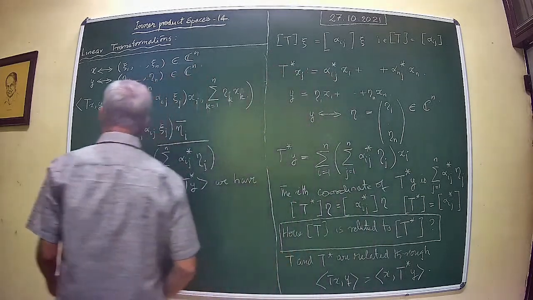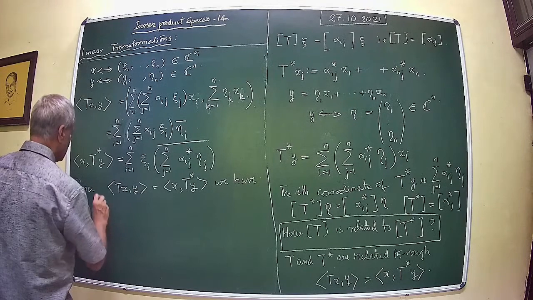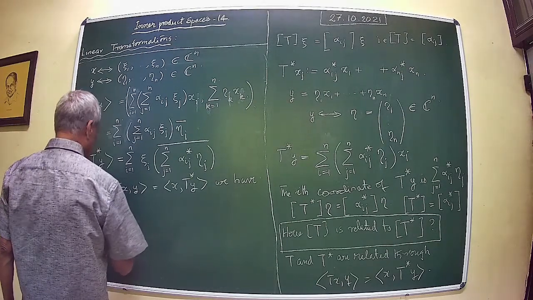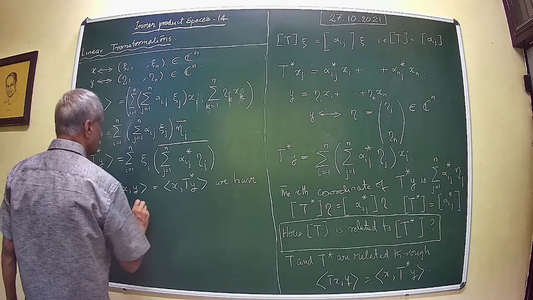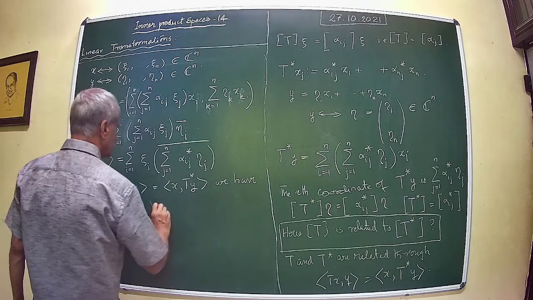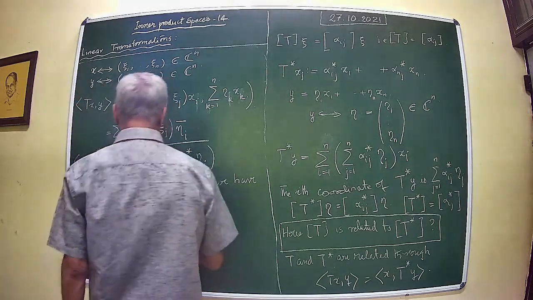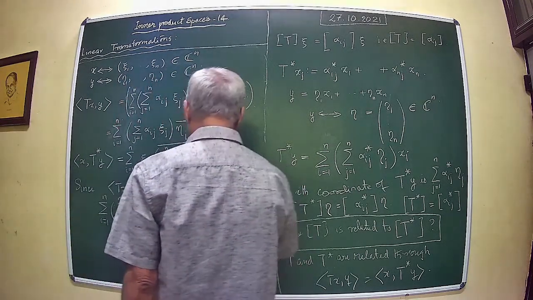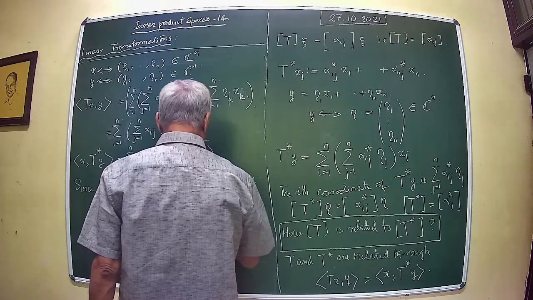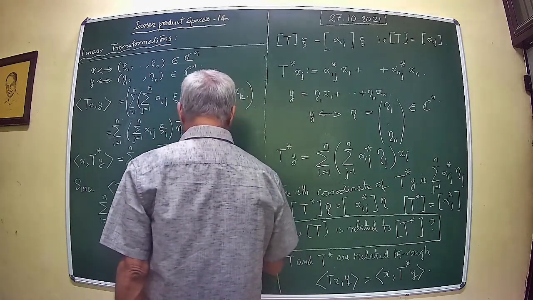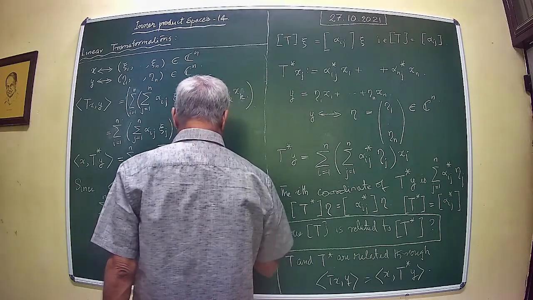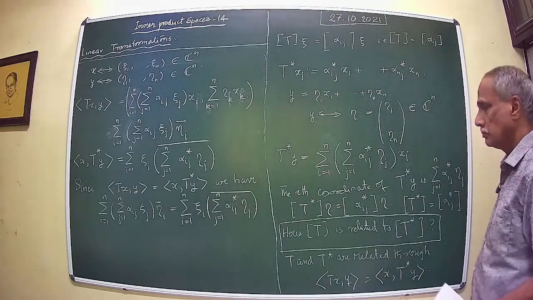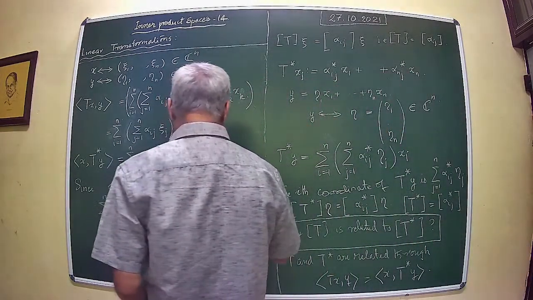Okay, that means we have, so you get eta j conjugate here, psi i here.